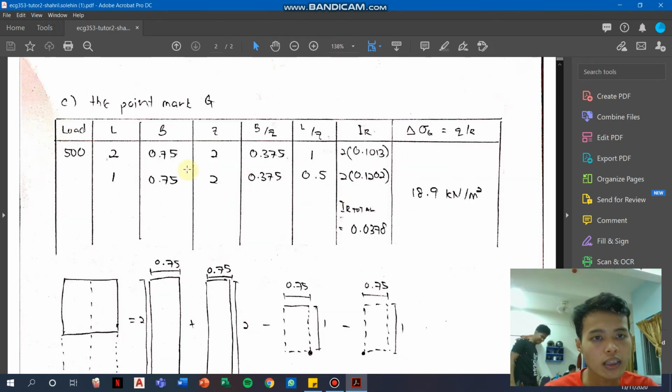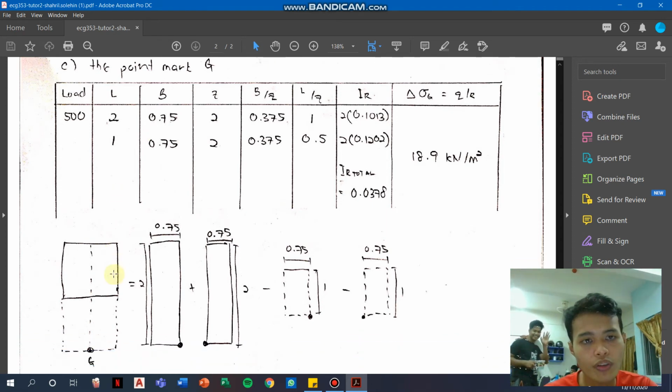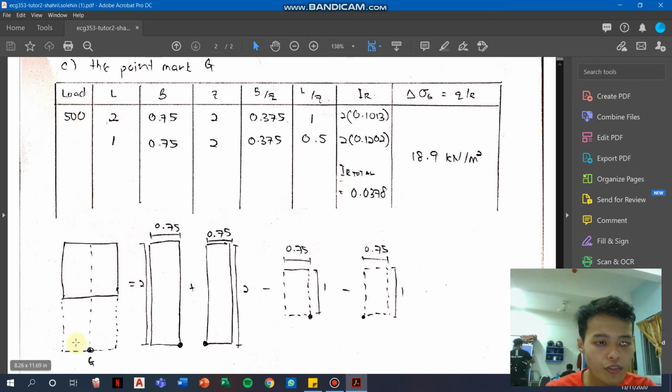For the point marked G, there are two different rectangulars, the first rectangular and the second rectangular. The load acting on both is equal, which is 500 kilonewton, but the lengths are a bit different. For the first rectangular, the length is 2 and the breadth is 0.75.